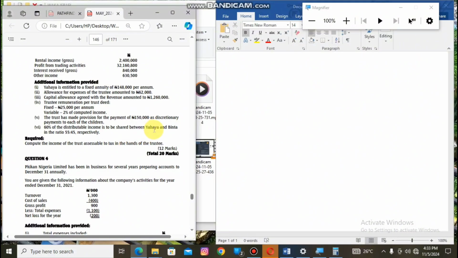If you're told to calculate the amount due to each beneficiary, then after solving the total distributable income, we'll go to their individual calculation. But in this case, it's very straightforward. Just calculate the distributable amount that will be shared between Yahya and Binta, or the amount that will be left in the hands of the trustee.